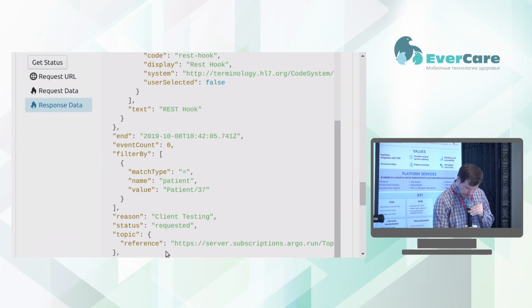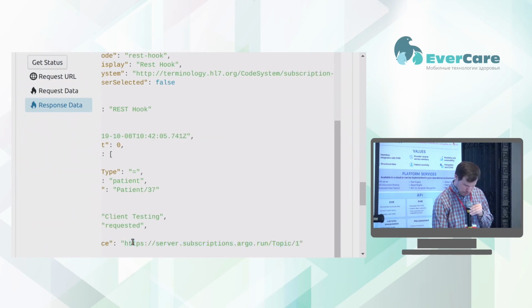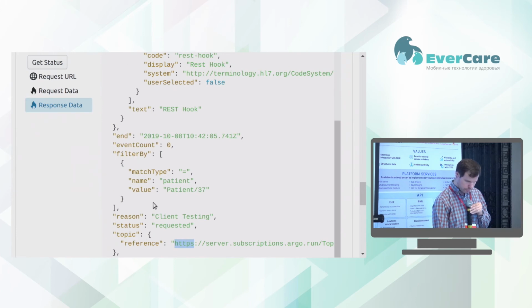The topic is my admissions topic that I discovered in the first step. And I have a filter by block that says, just give me notifications where the patient is patient number 37.